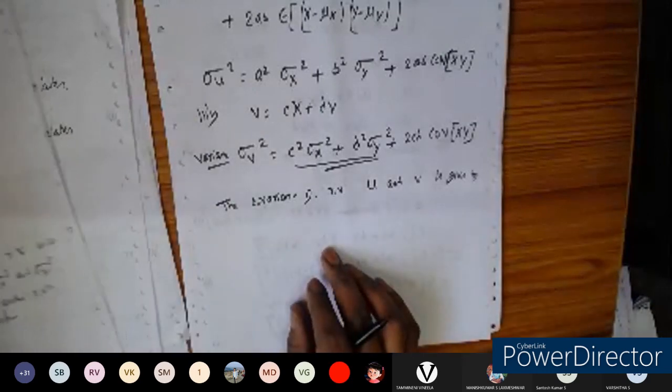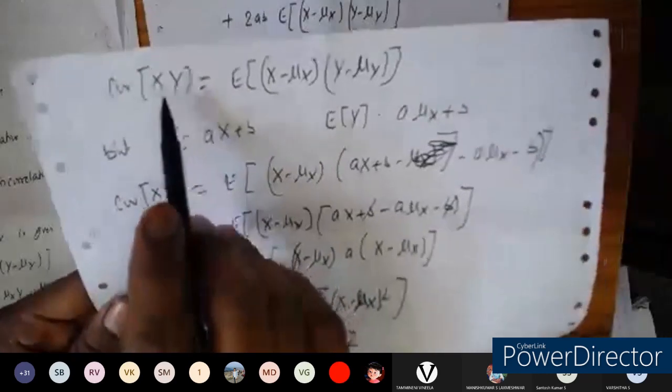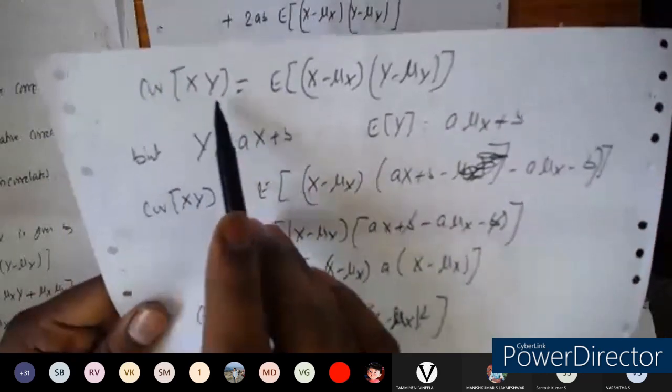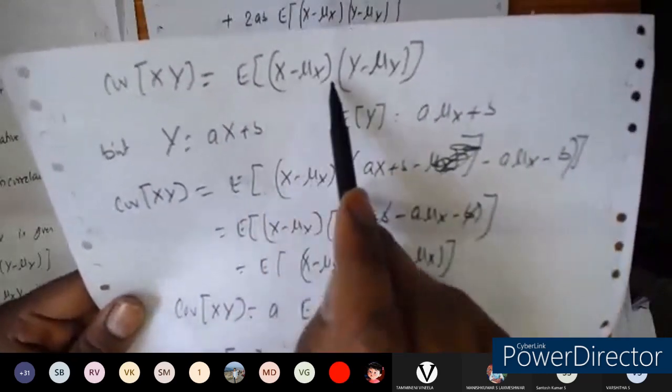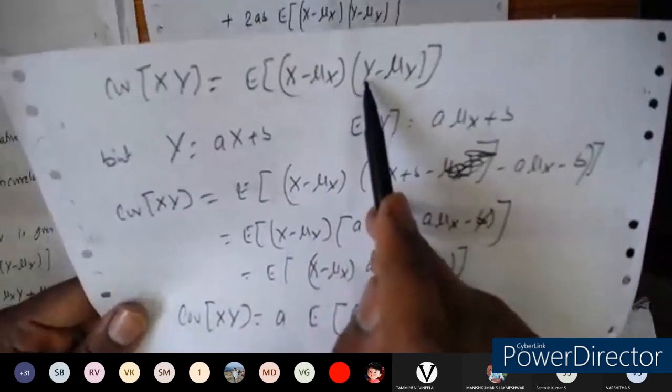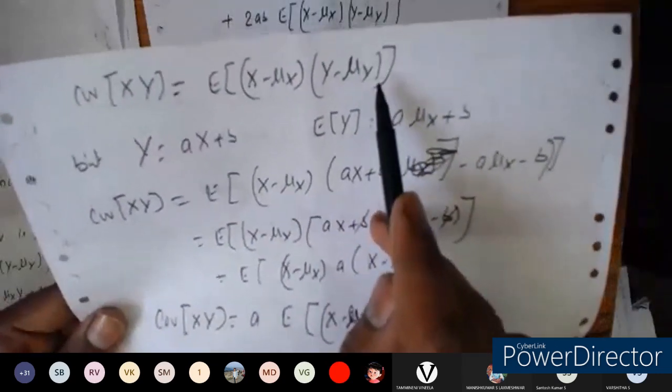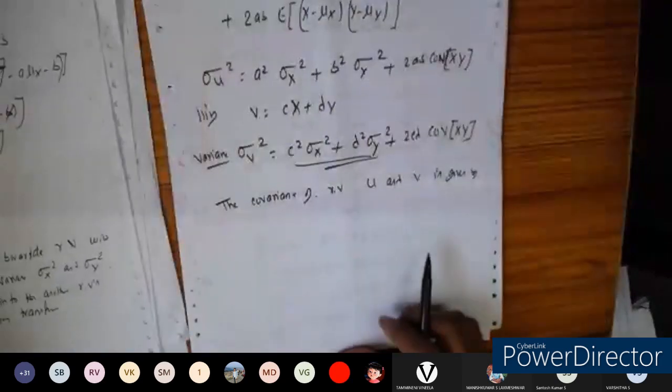The covariance of x comma y is there, so similarly we need to find out the covariance of u comma v, which is equal to the expectation of u minus the mean of u, and v minus the mean of v. Let us find that out here.